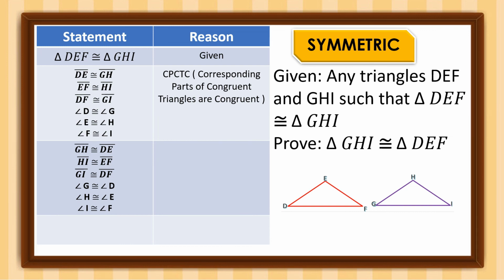Angle H is congruent to angle E, and angle I is congruent to angle F. And that is the symmetric property of congruence. Now, we have already proved that triangle GHI is congruent to triangle DEF by the definition of congruent triangles.